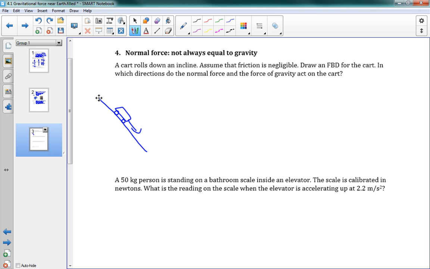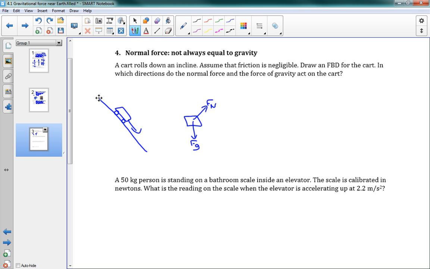Now, if I was to draw the same thing as a free body diagram, it's going to have gravity acting straight down on it. Gravity always acts straight down, whereas the normal force is always perpendicular to the surface. In this case, our surface is going down to the right, so our normal force is perpendicular to it, so it's pointing up something like this. That's our normal force.